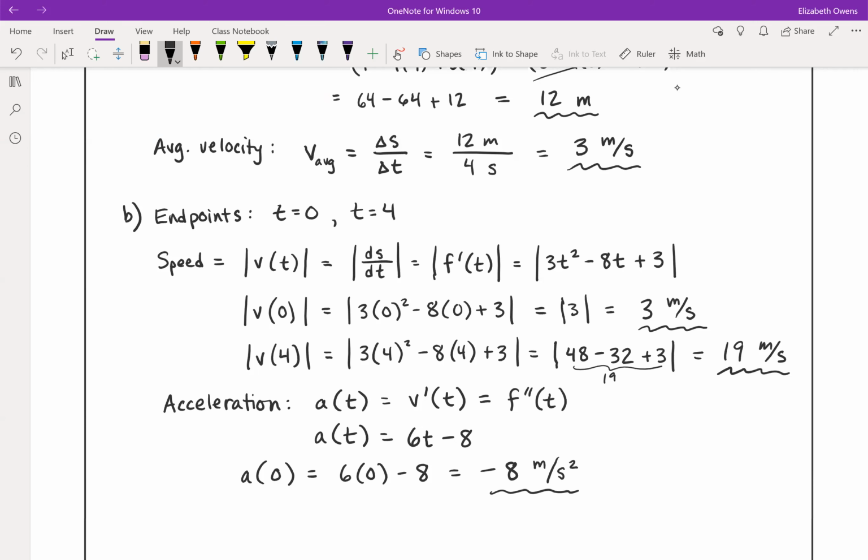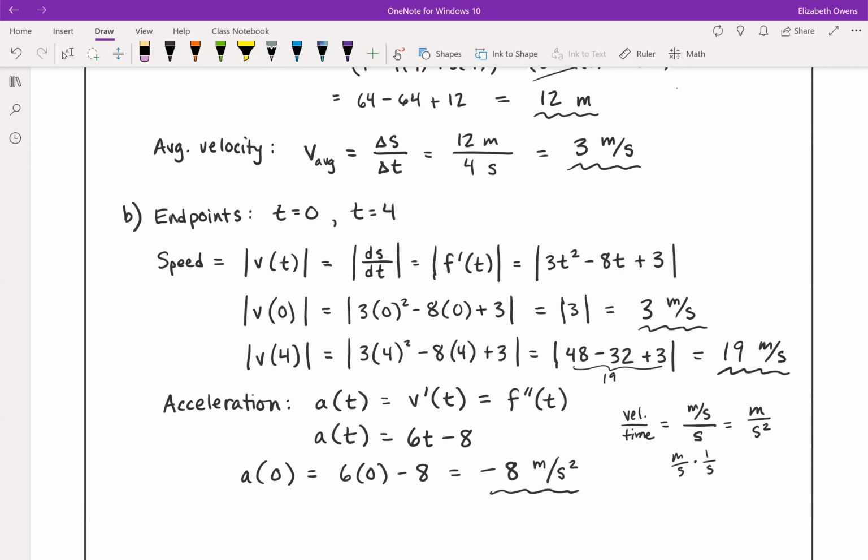Remember that acceleration is a change in velocity over time. Our units for velocity right now are meters per second, and time is in seconds. So just doing the unit calculation, we have meters per second divided by seconds. And so you could also say that's meters per second times 1/seconds. We're going to end up with meters per second squared for that unit.